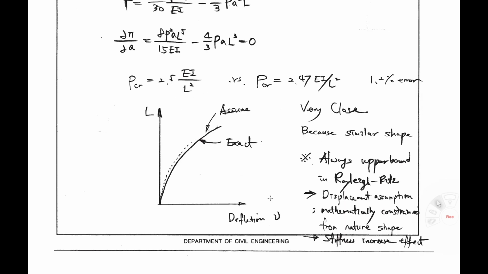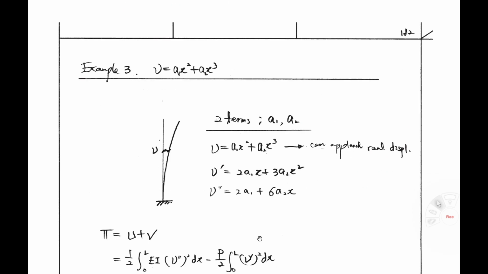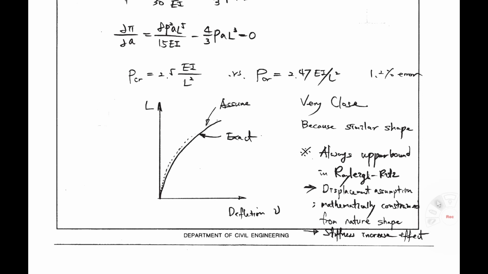Another thing is that the Rayleigh method always provides an upper bound solution, because this displacement assumption, A x squared, that we assume like that is mathematically constrained from the natural shape. Do you understand? The natural shape is this solid line, but we assume our own displacement. In order to make this displacement, there must be some constraint.